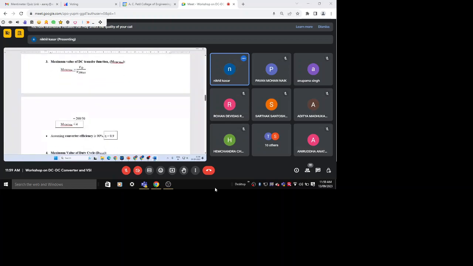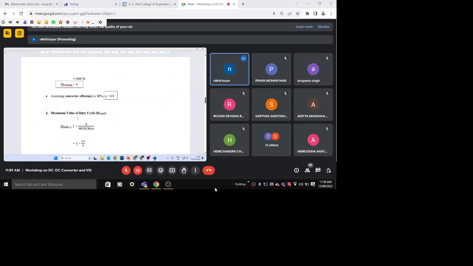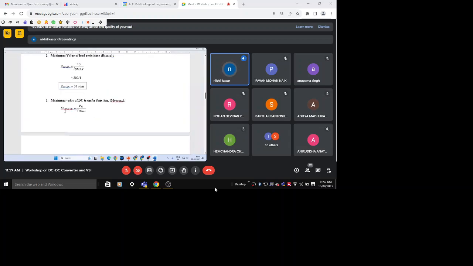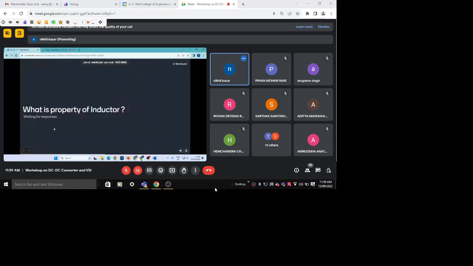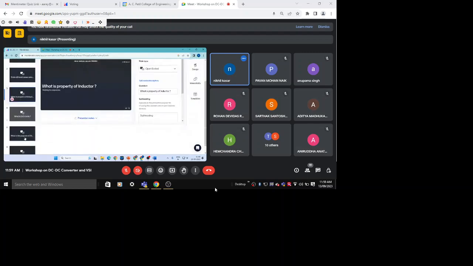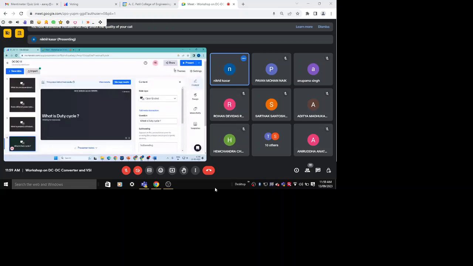Now for the calculation of duty cycle, it is important to calculate the maximum value of DC transfer function. So before going forward, again, click on that link which is available in your chat box, and let me know how much you know about power electronics, what you know about the duty cycle.